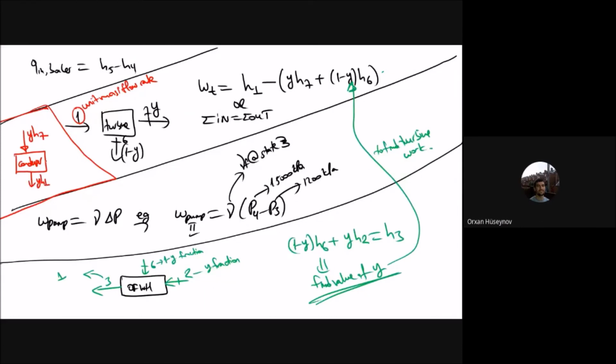And for the condenser you also have this Q out. Okay, and therefore the Q out value will be equal to y times enthalpy at 7 minus enthalpy at 1.